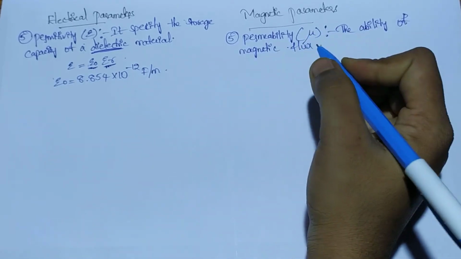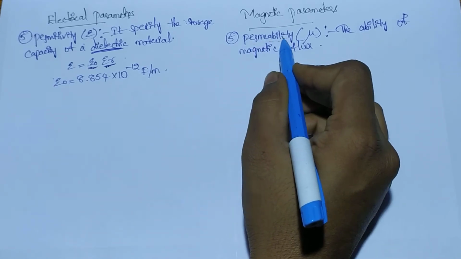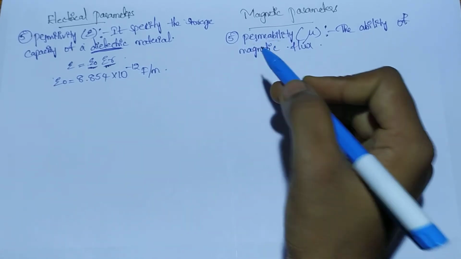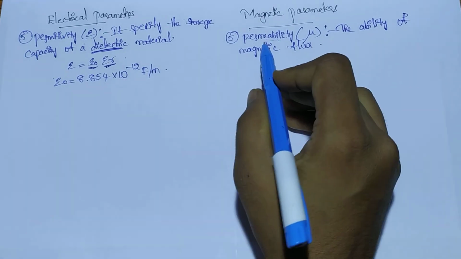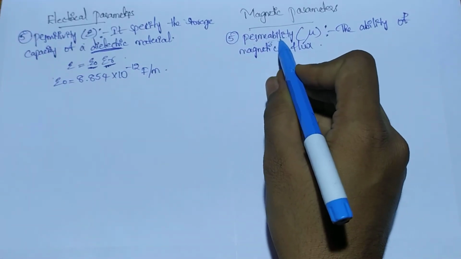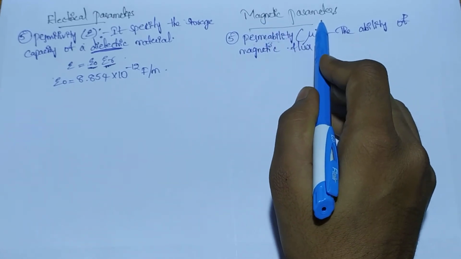The name itself says it: the capability of producing flux is called permeability. It is one of the properties of the magnetic parameters.